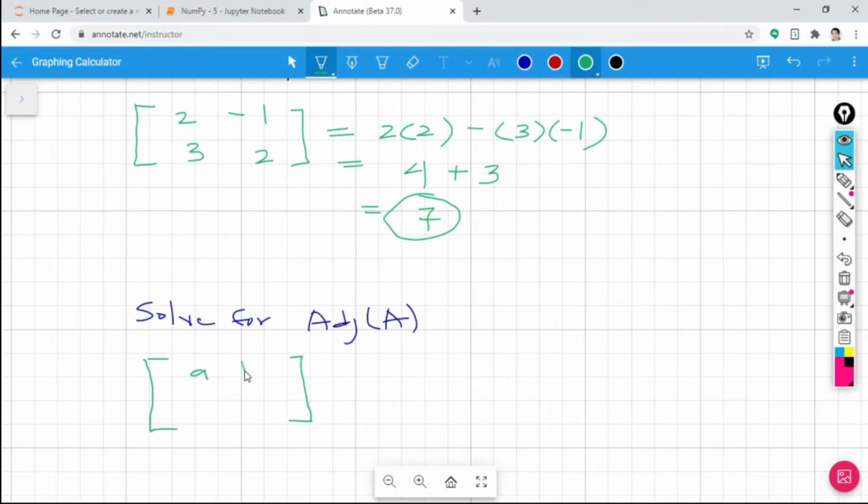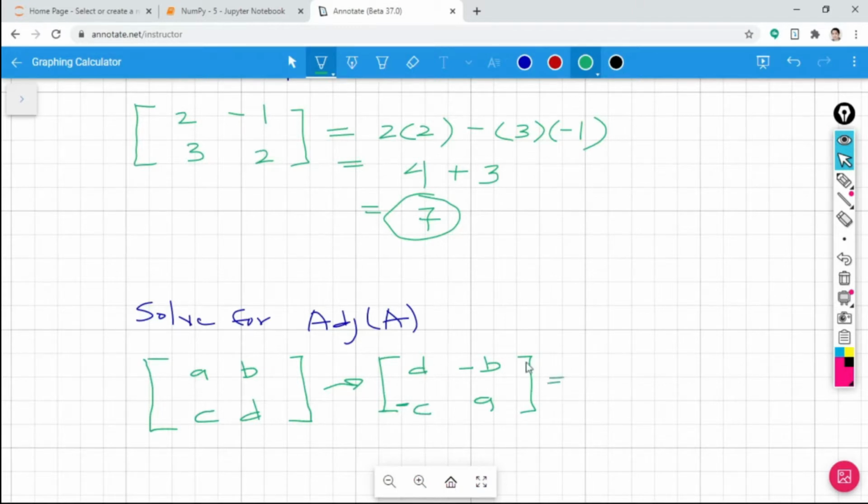So this one is A, B, C, D. Okay, so the adjoint of this one, if you shortcut this one without using the cofactor and the minors, so this one is D, this one is A, this one is B. You reverse the sign. Okay, so this one is C, then you reverse also the sign.